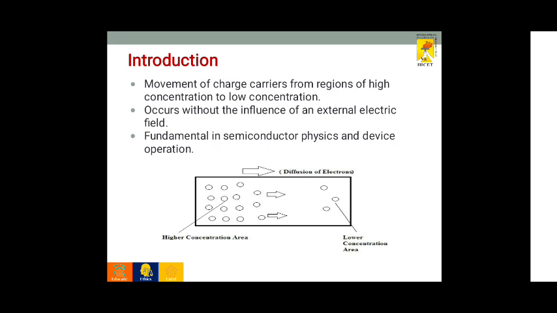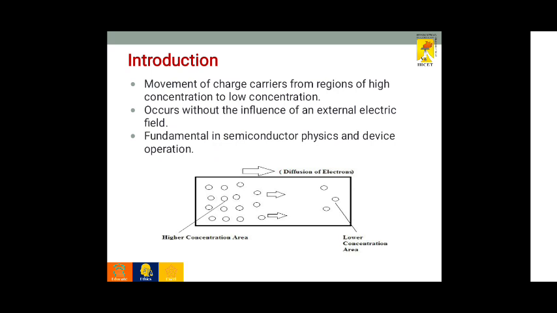In a PN junction, diffusion current arises from the movement of charge carriers, both the electrons and holes, from the region of higher concentration to the region of lower concentration. This diffusion current flows due to the concentration gradient across the junction.